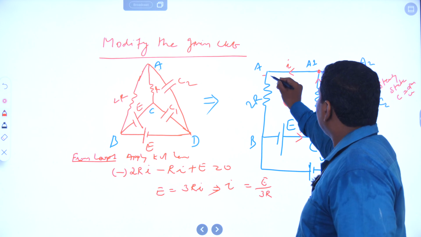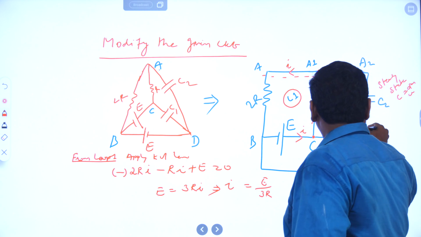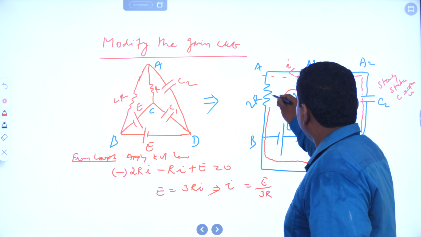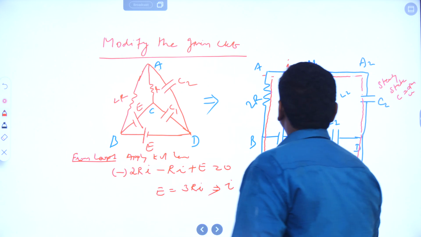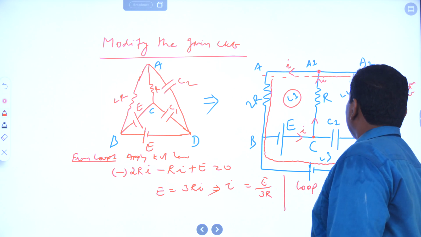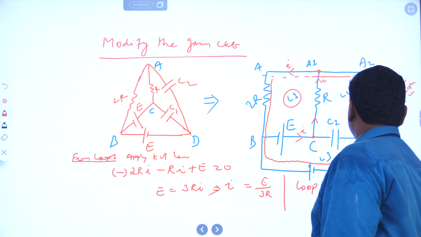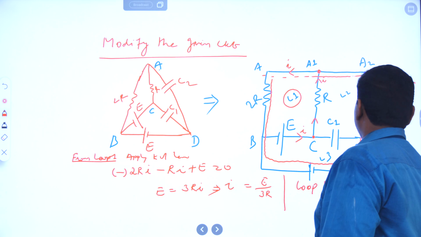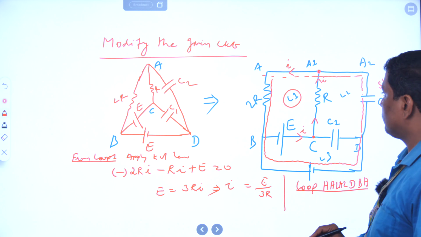Start from A, A1, A2, D, this battery E, B, again it reaches A. The loop name is A, A1, A2, D, B, again A. From this loop, write the KVL equation.